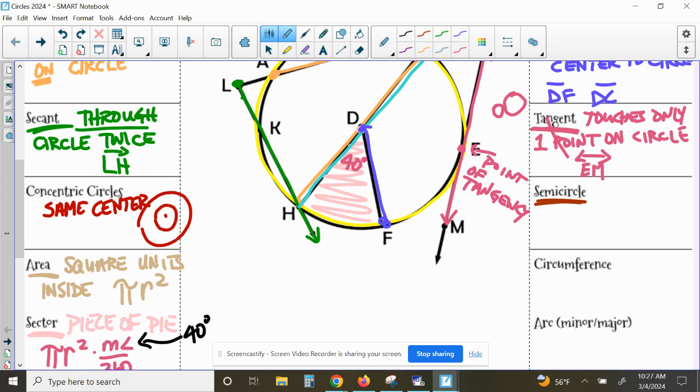Actually, a semicircle is an arc that goes how many degrees? 180. So it's an arc that goes 180 degrees.